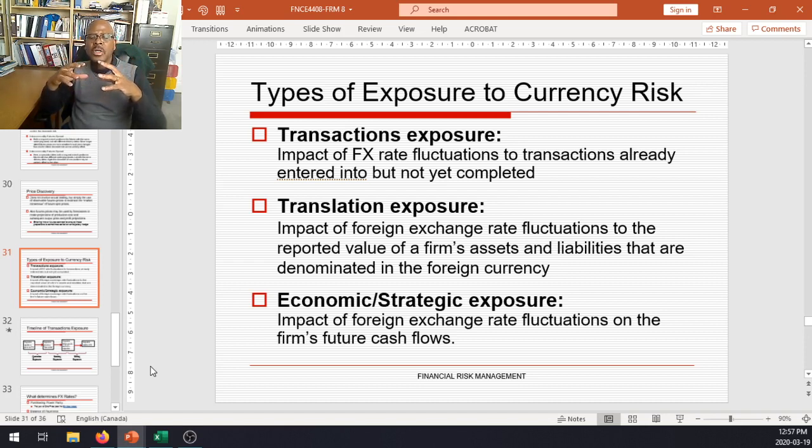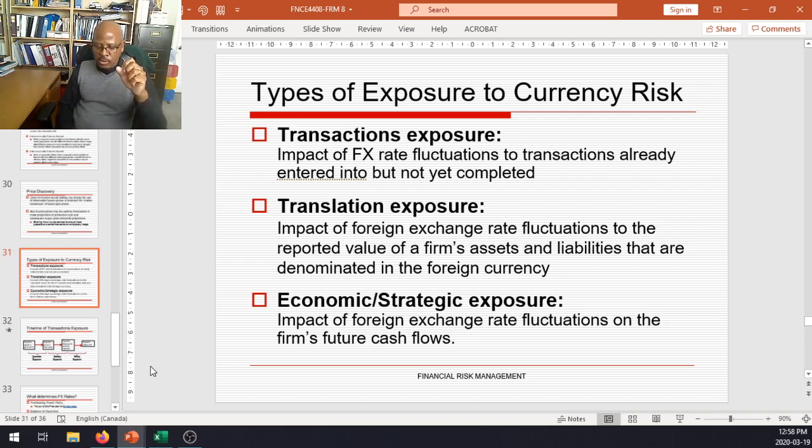How does it change the firm's overall value, based on projected future cash flows that might come in, based on projected future discount rates, based on projected future competitive positions? So for the transactions exposure, like we said, most firms will hedge that. The economic or operating exposure is a little more difficult to deal with.